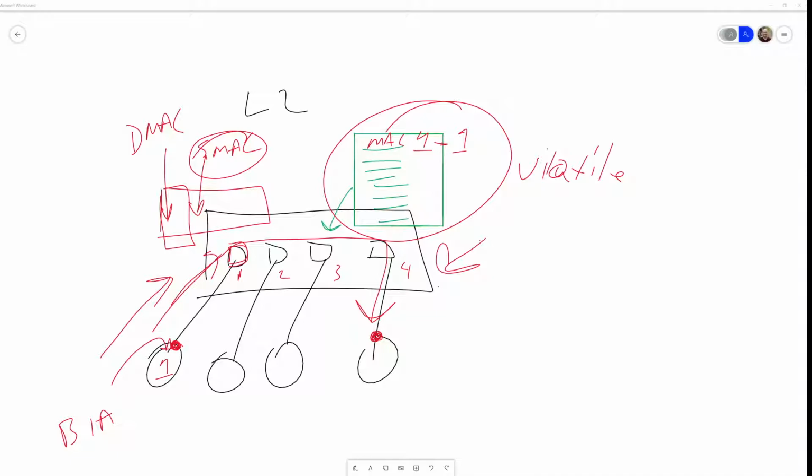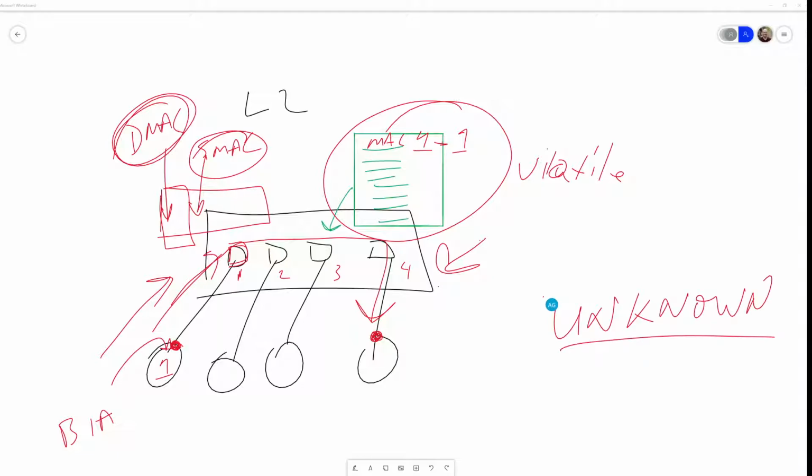And at the beginning of time, this table does not know where this destination MAC is, which means the destination is unknown. So this is what we call an unknown unicast. It is not a broadcast, it's not a multicast, and we can talk about that later, but it is an unknown unicast. An unknown unicast is treated just like a broadcast, where as soon as this frame comes in, the switch will send it out to every port because it doesn't know where it is yet.